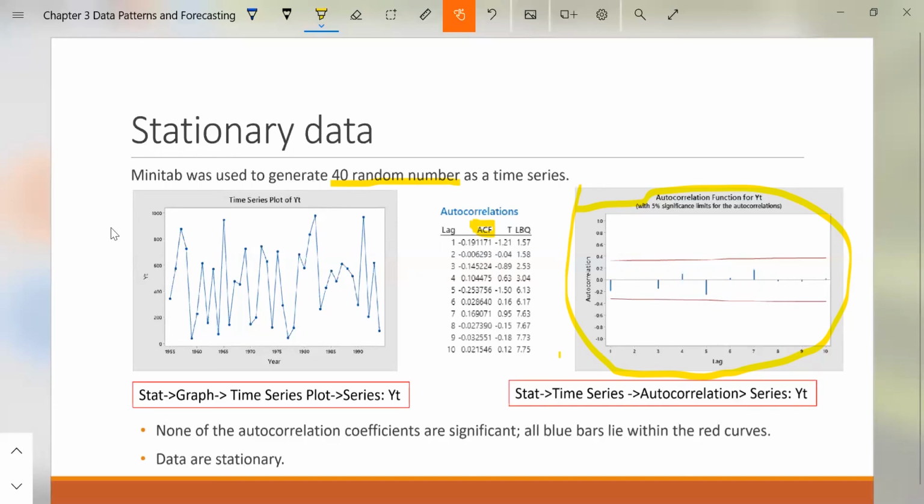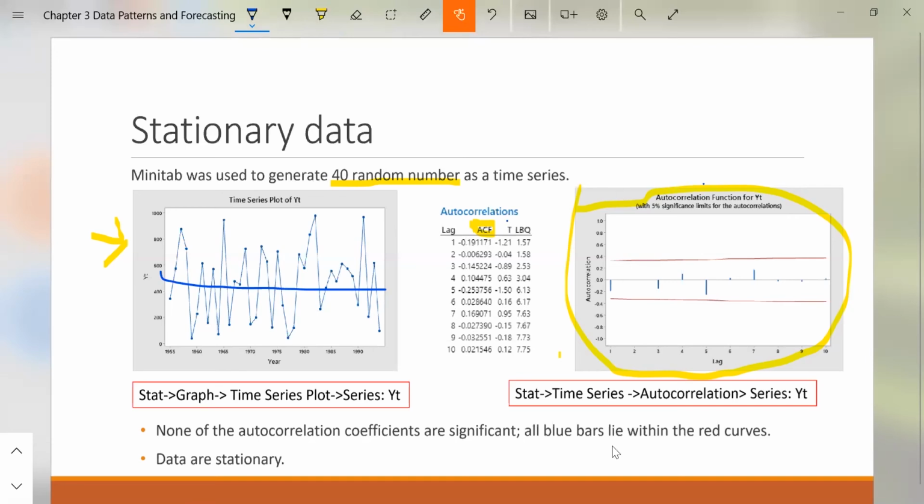In the first graph, you see the plot of the data showing the value of each data point. It's going up and down, but it's still around a constant mean. It's not deviating substantially, as it would with a trend. Then we can examine the autocorrelation with the t test statistic and also the graph.